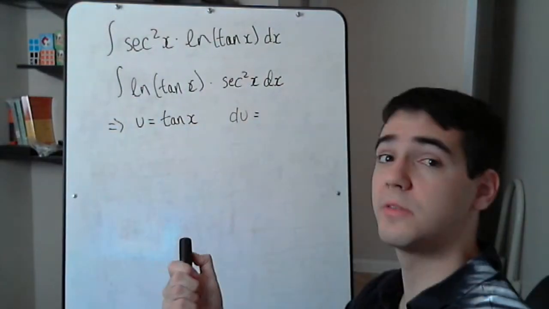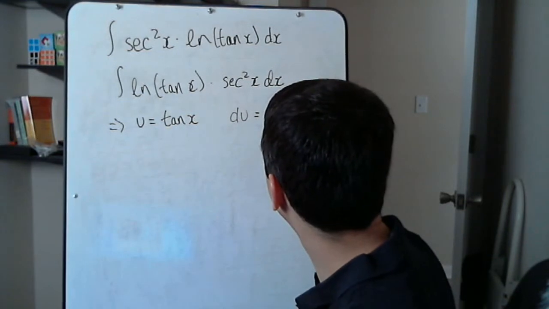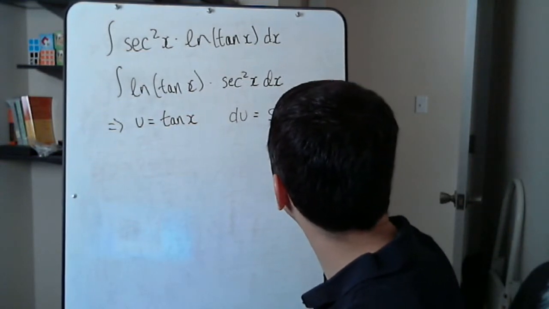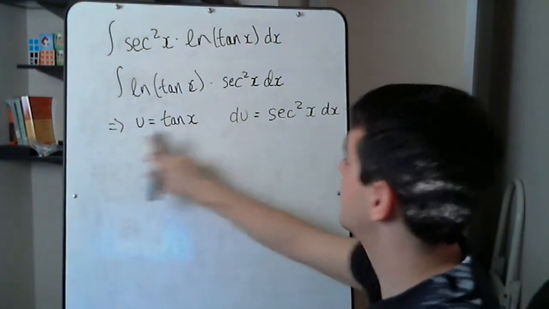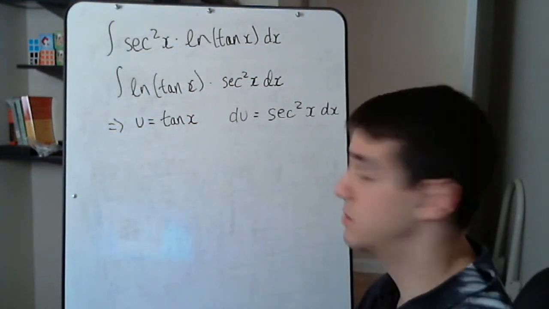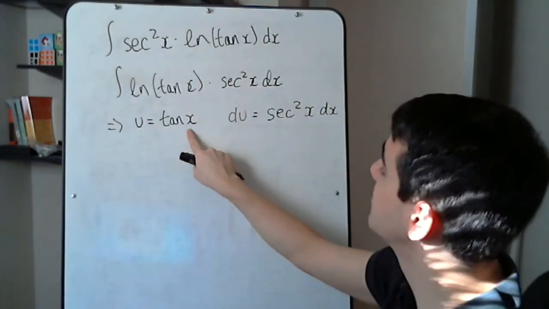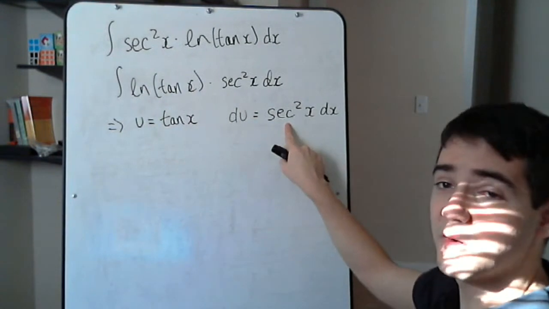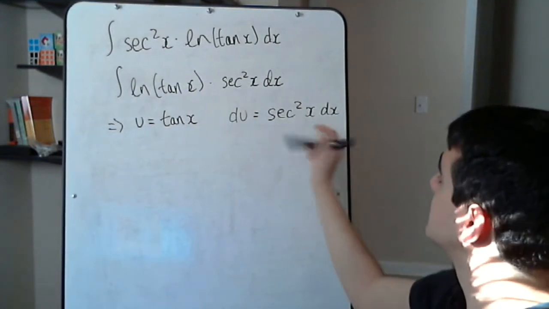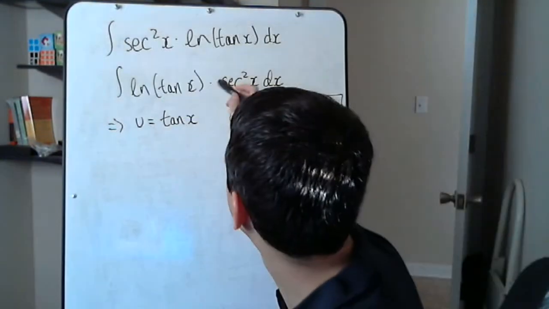Once you go through all that, the derivative of tangent is secant squared. Now remember, we're taking the derivative implicitly, so you take the derivative of both sides. The derivative of u is just du. The derivative of tangent x is secant squared x dx. This is the same as this.